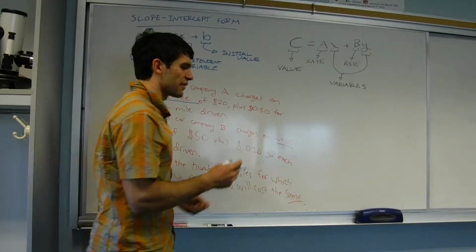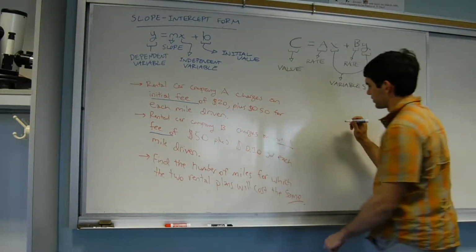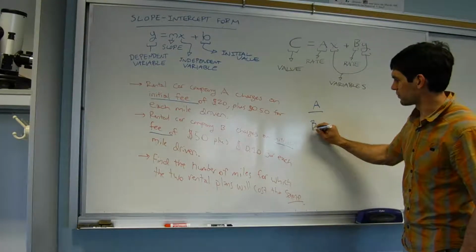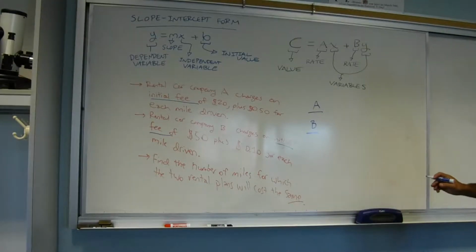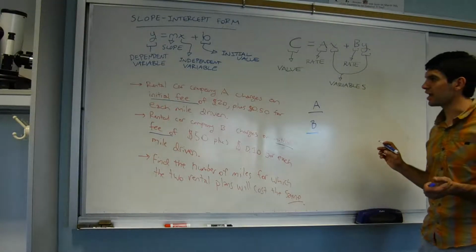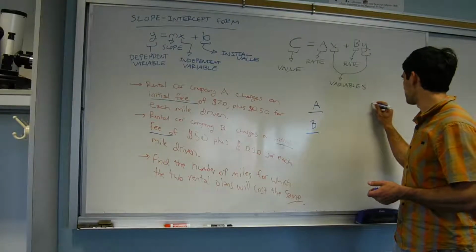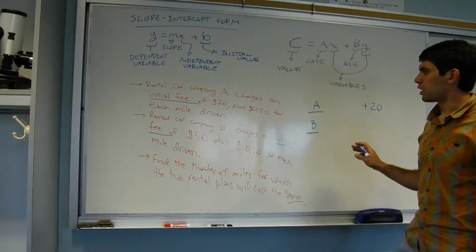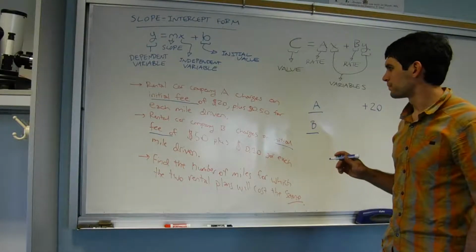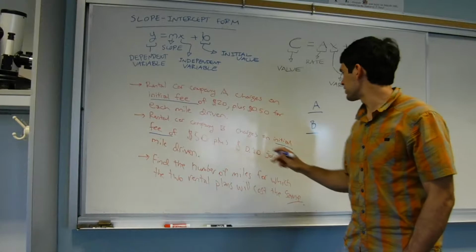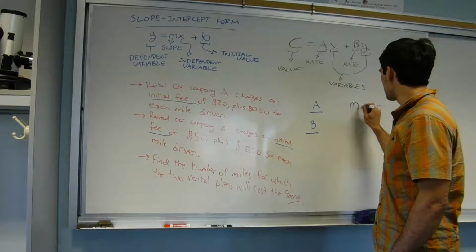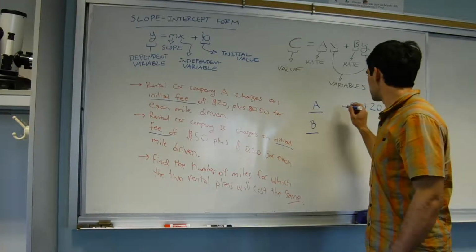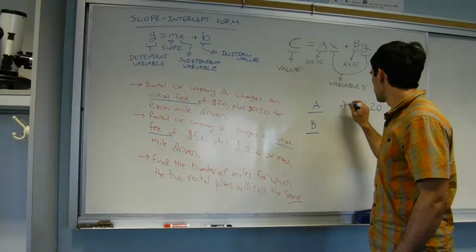We're going to have two equations, because this is a system of equations: an equation for car company A and an equation for car company B. For car company A, our initial fee is $20, so we already determined that that's the initial value. Our independent variable will be each mile that is driven. So we have m, and our rate is 50 cents per mile.